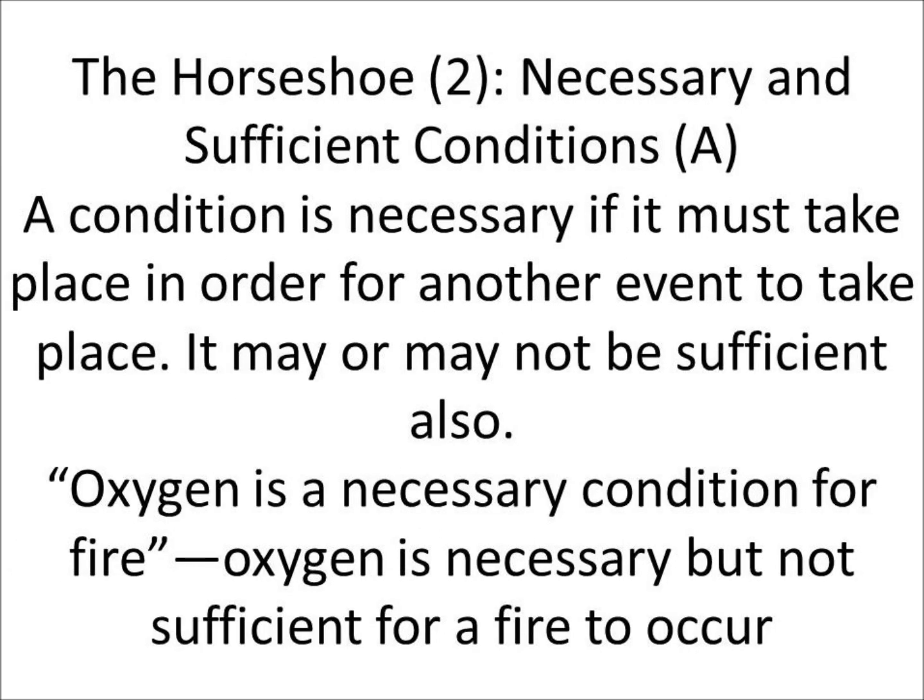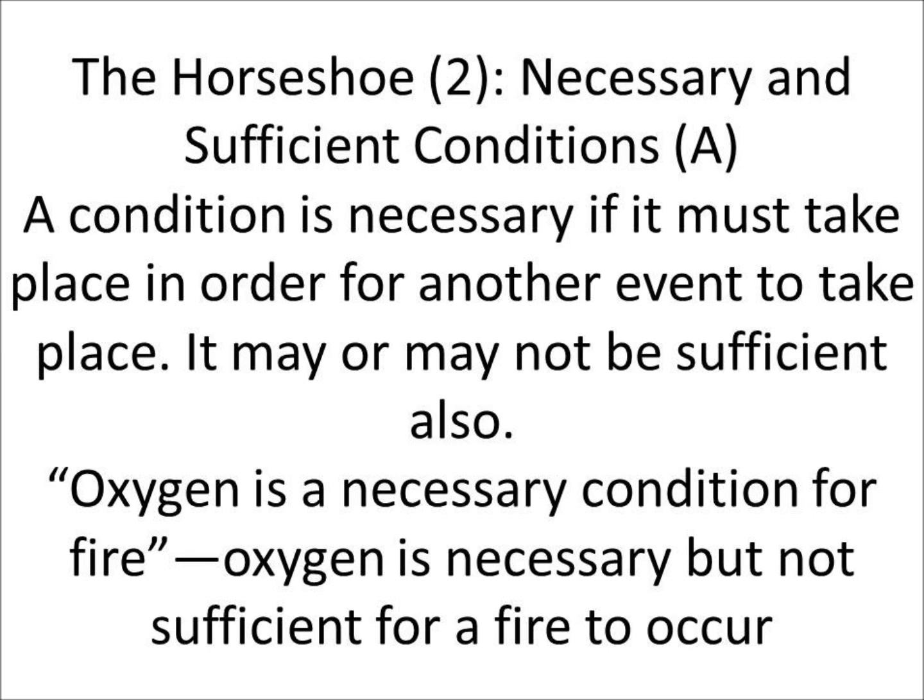One of the more difficult issues of symbolization for a lot of students with the horseshoe is symbolizing necessary and sufficient conditions. A condition is necessary if it must take place in order for another event to take place. It may or may not be sufficient also. Let's take the statement, oxygen is a necessary condition for fire.